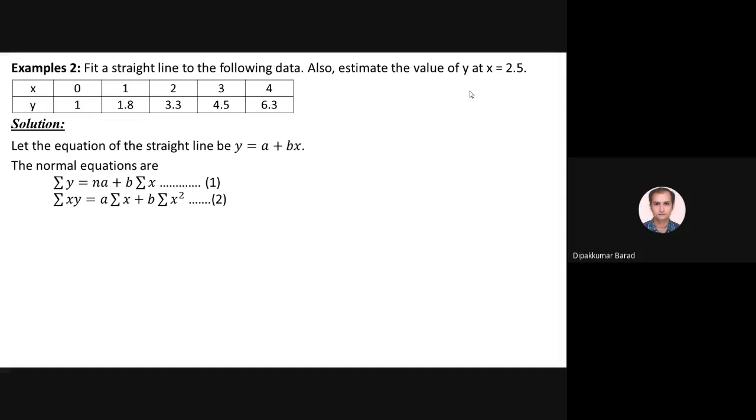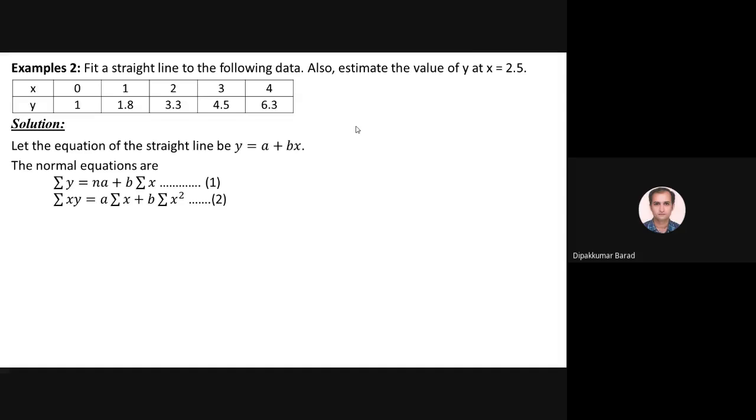So what we get here: summation x, you easily get here 6 and 9 and 10. Summation x is 10. Now summation y is equal to 15.9.